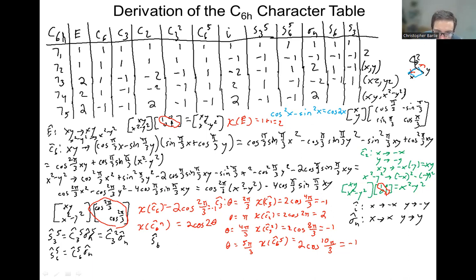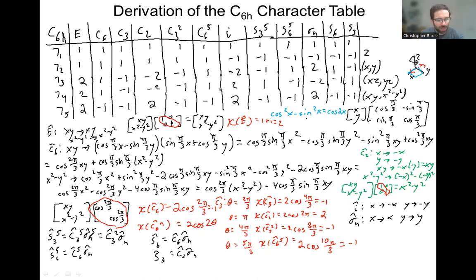S6, our second to last one here, is C6 followed by sigma h. Again, we know sigma h drops out. So we just look for the character in our C6, which was negative 1. And our very last one here is S3. That's equal to a C3 followed by sigma h. And the sigma h drops out for reasons we talked about before. We looked at the character under the C3, and it's a negative 1.